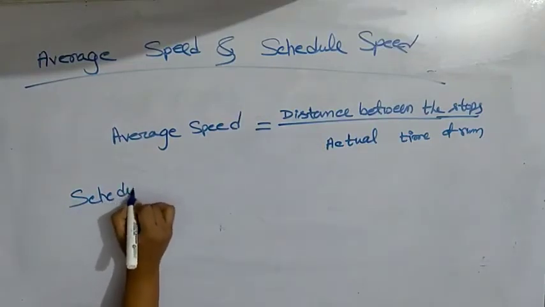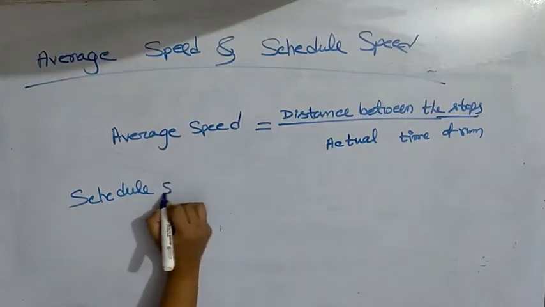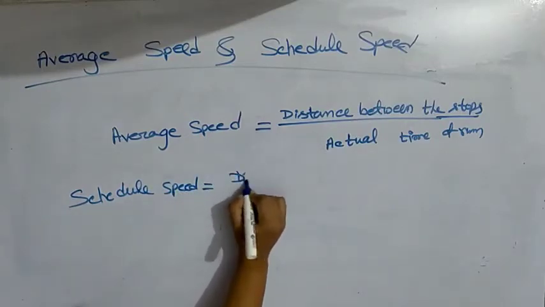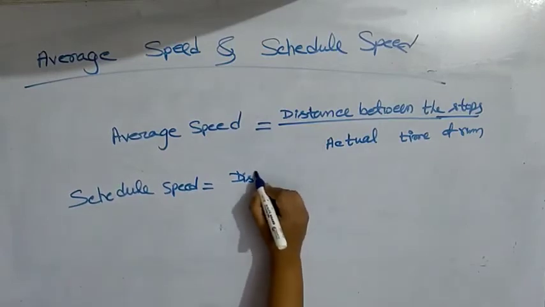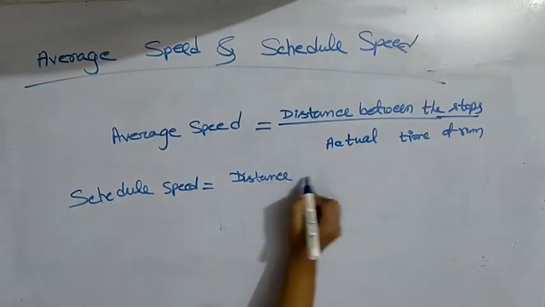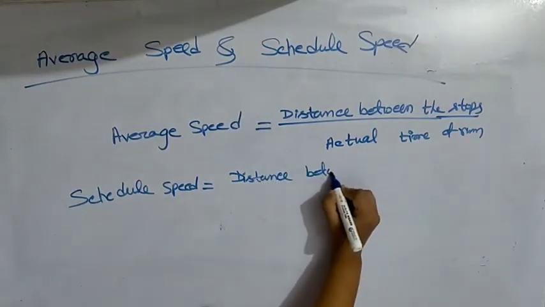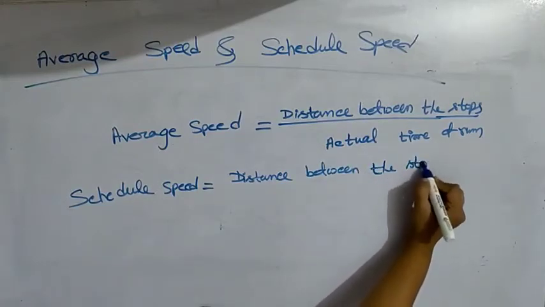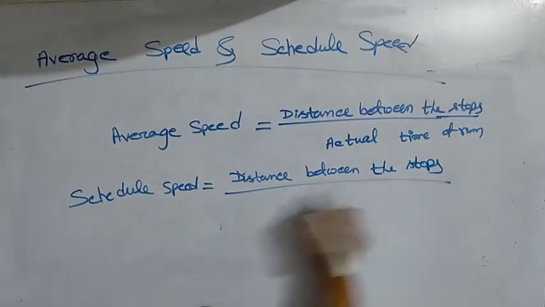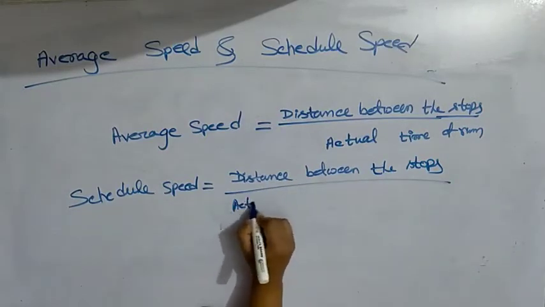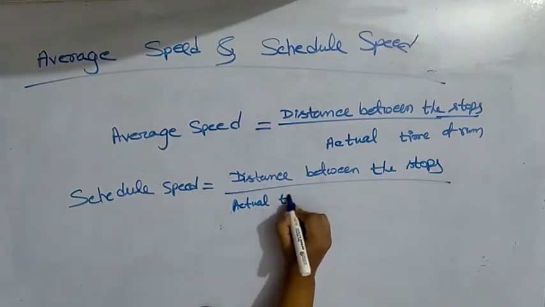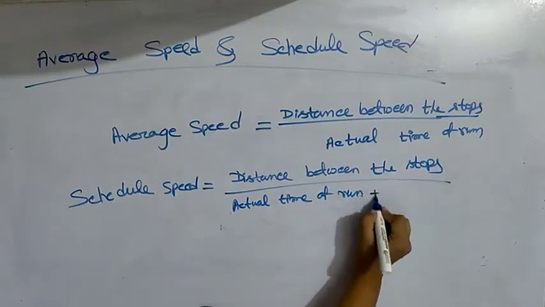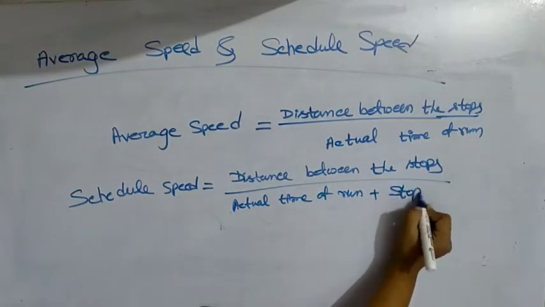And schedule speed, what is schedule speed? Distance between the stops by actual time of run plus stop time.